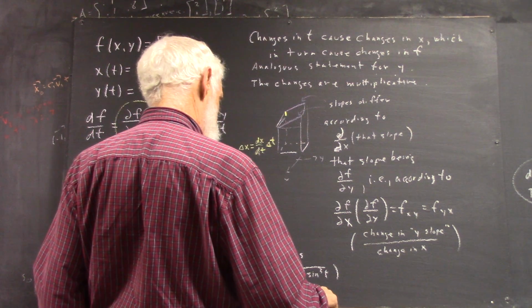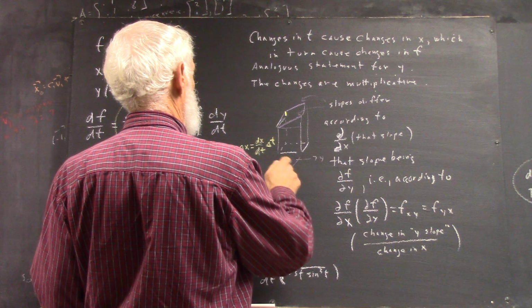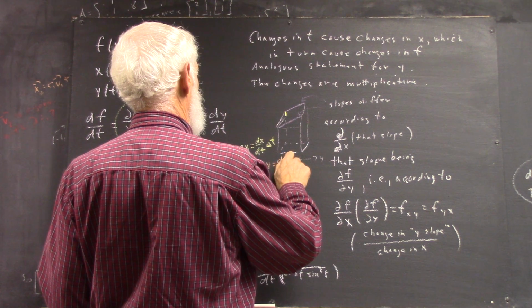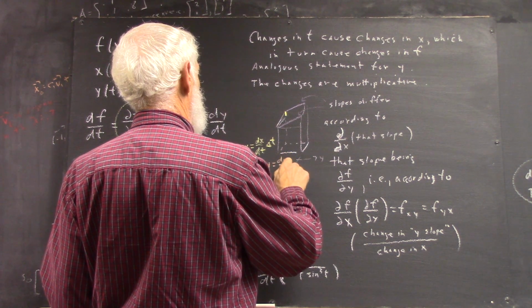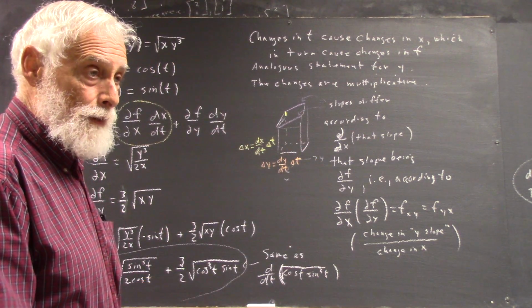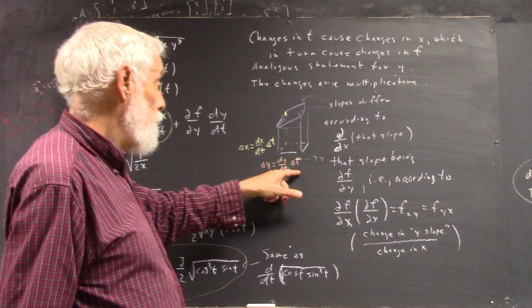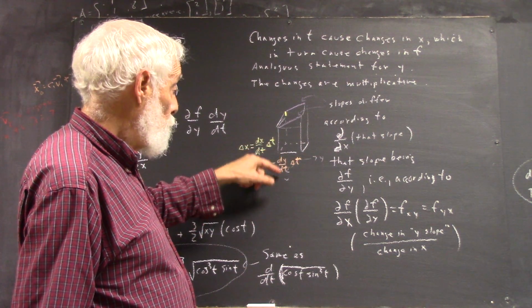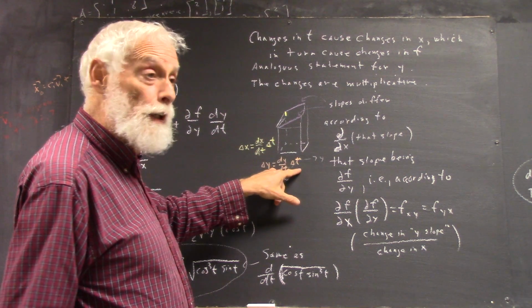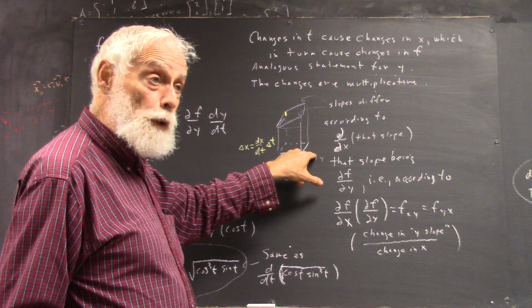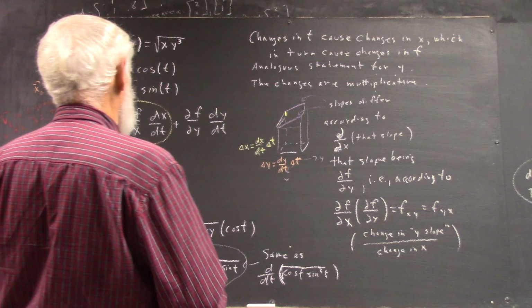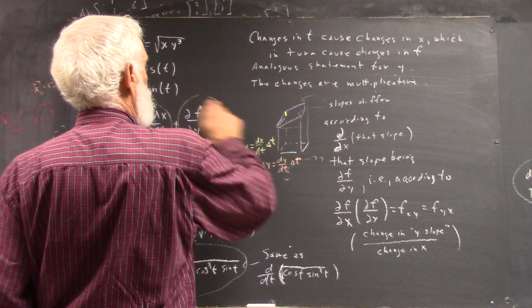And your delta y is dy dt delta t. Now that's what I was talking about when I said your change in t causes a change in y. This is the rate at which y changes with respect to t. You multiply that by the change in t, you get your change in y. And similarly with x. Okay?